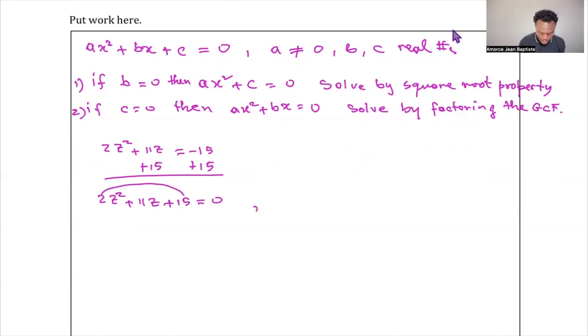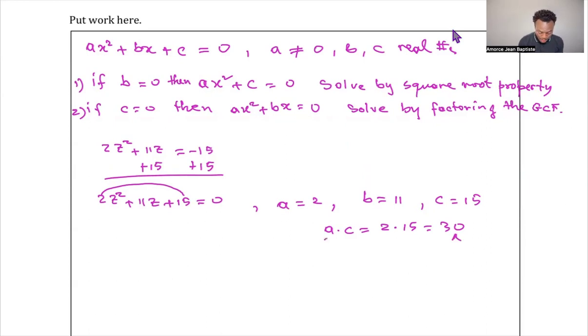So a equals 2, b equals 11, and c equals 15. A times c equals 2 times 15 equals 30. Now we need two factors of 30 that sum to 11.